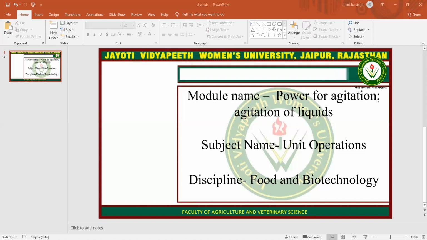Then we have power theory. Power theory has been discussed for many years. Impeller power data available are mostly based on simplification of the full correlation. Assuming full geometric similarity of the impeller system and considering the gravitational effects, the relationship is NP equal to K NRE to the power A NFR to the power B, where NP is the power number, NRE is the Reynolds number, and both are dimensionless, NFR is a dimensionless number known as the Froude number, A and B are the exponents, whereas K is a constant.